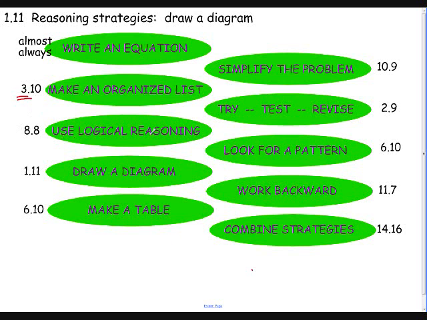You're going to use logical reasoning. Well, when don't you use logical reasoning? Seems like you always do, but we'll look at it particularly in chapter 8. Drawing a diagram, we're looking at right now in chapter 1. Make a table, we'll play around with that a little bit in chapter 6.